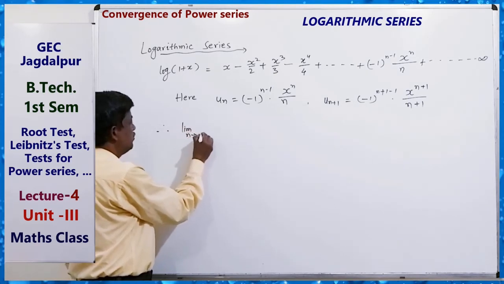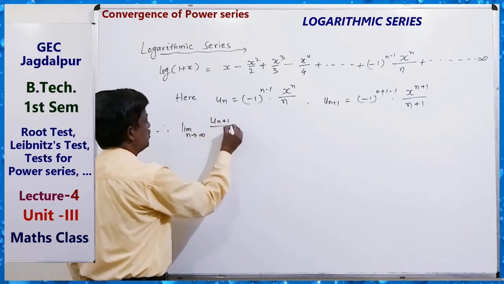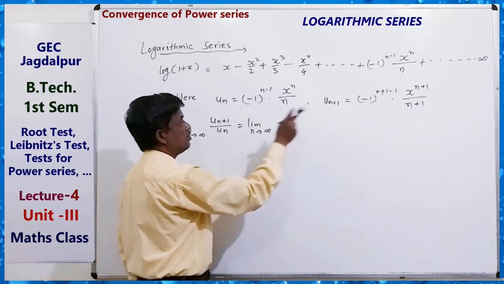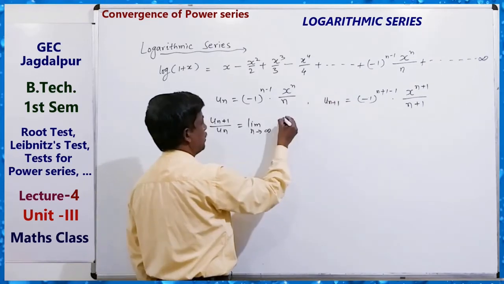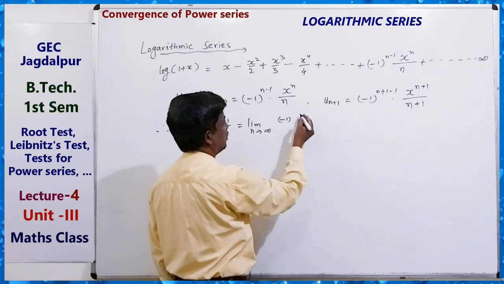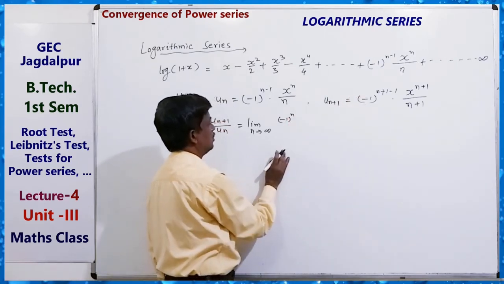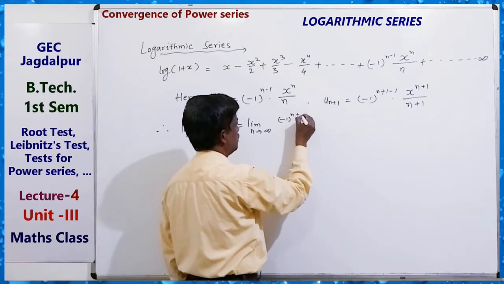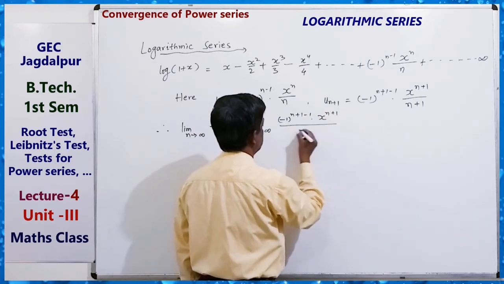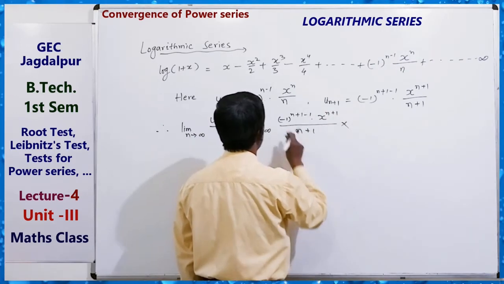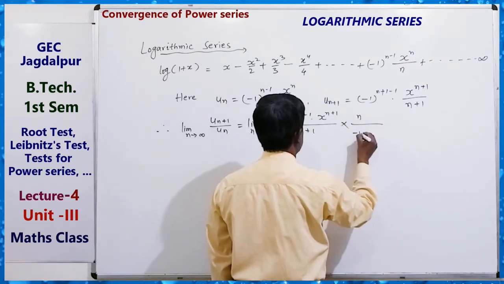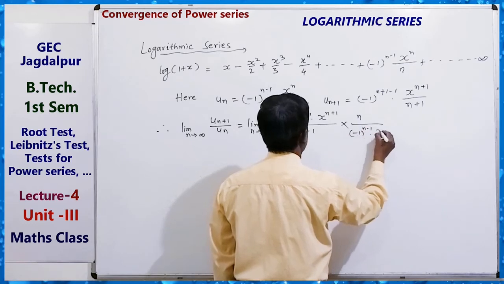Therefore, limit n tending to infinity of u(n+1) upon u(n) equals limit n tending to infinity of minus 1 to the power n into x to the power n plus 1 upon n plus 1, into this in reverse order, n upon minus 1 to the power n minus 1 into x to the power n.